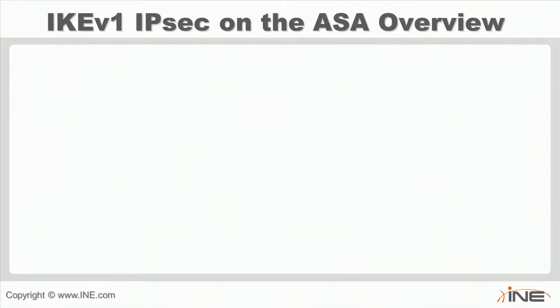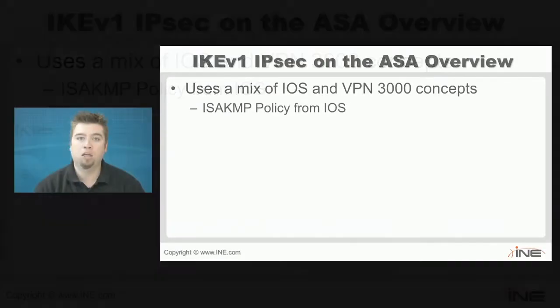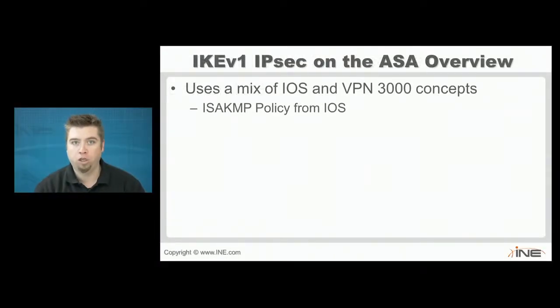Now, in general, the way that IPsec works on the ASA is kind of like a mix of the iOS implementation and the legacy box that is the VPN 3000 concentrator. Like regular iOS, ASA is going to use the ISAKMP policies where we're defining our different things like the authentication type, the encryption, the hashing, and the Diffie-Hellman group.